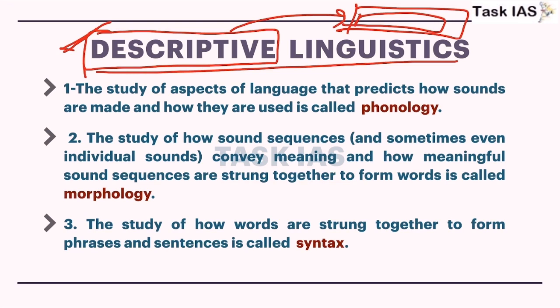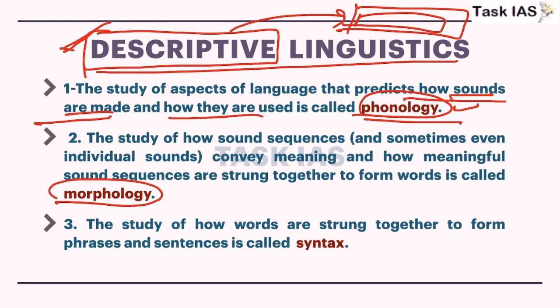First is phonology, how different sounds are produced. The aspect of language which focuses on how different sounds are made and how they are used is termed phonology. Second is morphology, this focuses on how sound sequences are used and what is the associated meaning of those sequences.